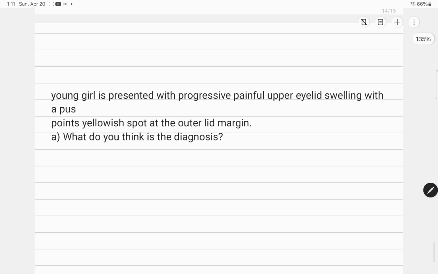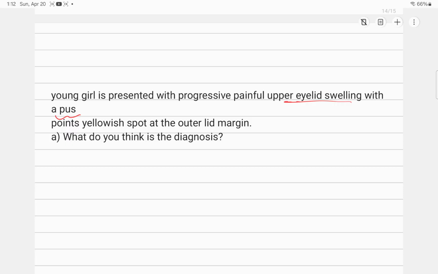Now the third one. A young girl presents with progressive painful upper eyelid swelling with pus. There is a yellow spot on the outer eyelid margin.